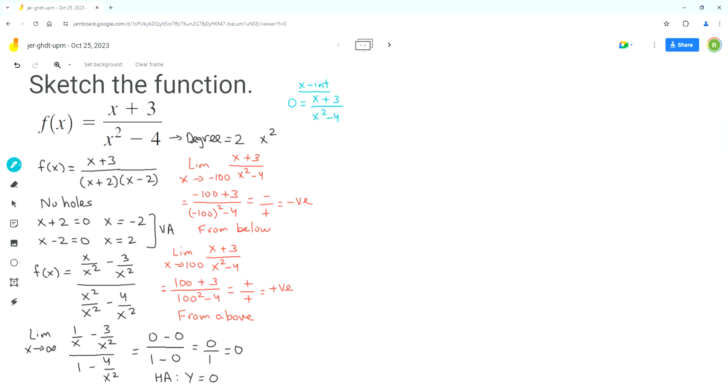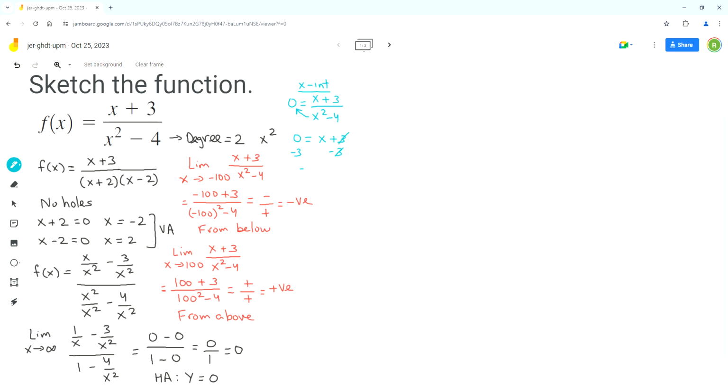So we can cross multiply the denominator. So 0 times x squared minus 4 will become 0. Now we can solve for x by subtracting 3 from both sides. So the 3's on the right side get cancelled out.